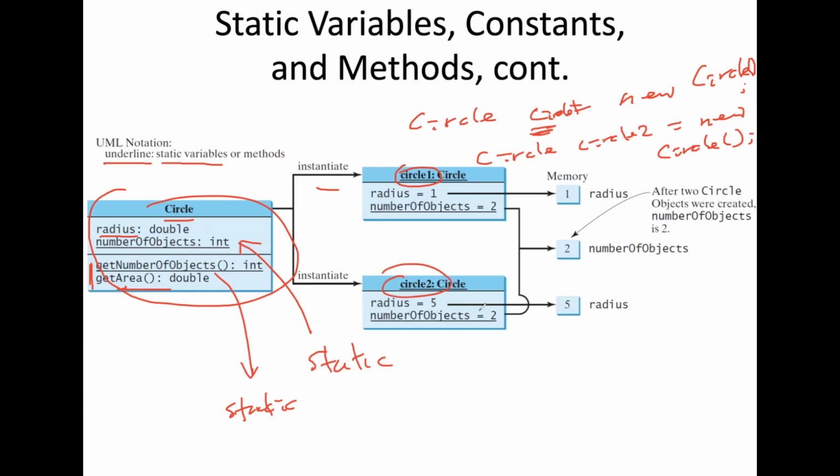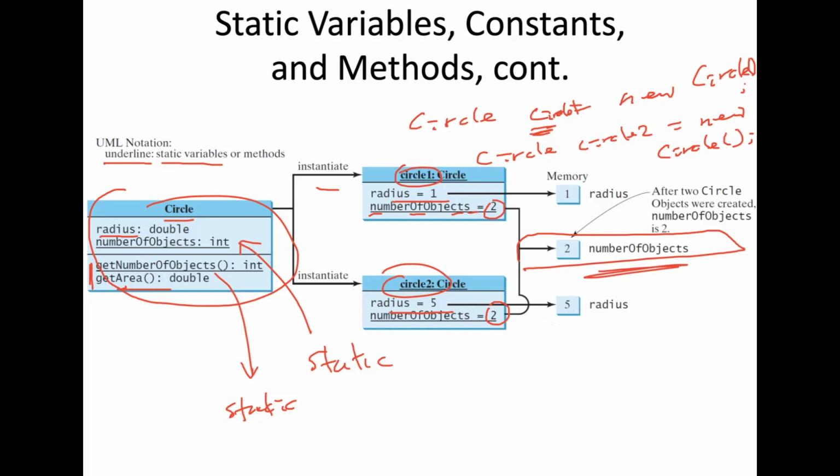So you have circle1 and circle2 being instances of the Circle class. Circle1 has a radius of 1, circle2 has a radius of 2, but both share the same static number of objects. Remember, number of objects is a static field. Once assigned a value of 2, this field can be seen or accessed by both objects, circle1 and circle2. This is the beauty of static.